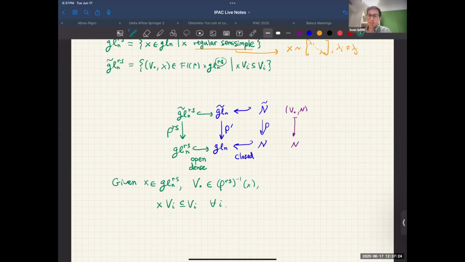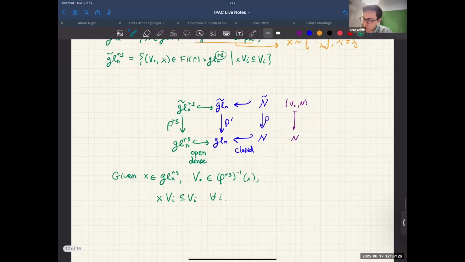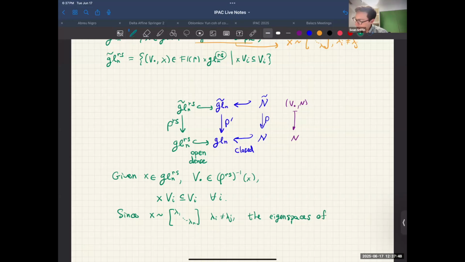And now here's where we use the regular semi-simple property. So since X has these distinct eigenvalues, it has distinct eigenspaces. So the eigenspaces of X are all one-dimensional.